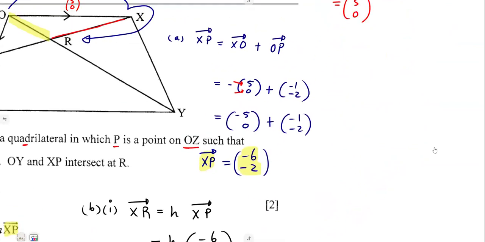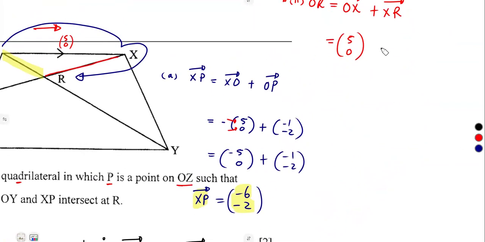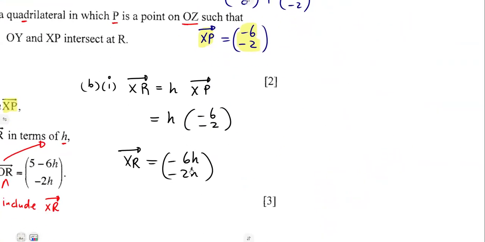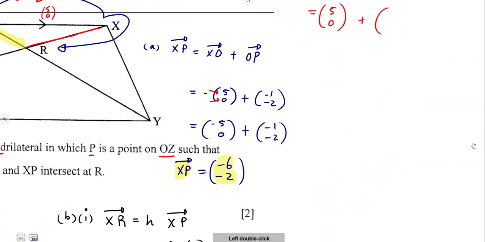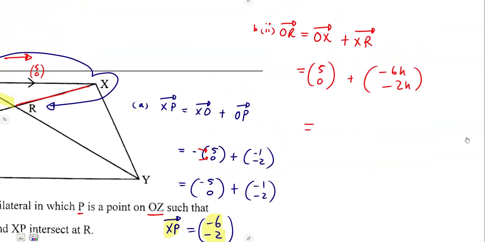So you simply combine, add that. So you add what our XR. Our XR is minus 6H minus 2H. So that's it. Minus 6H minus 2H. So combine, as we are dealing with a column vector, you're going to find vector OR: 5 plus minus 6H.